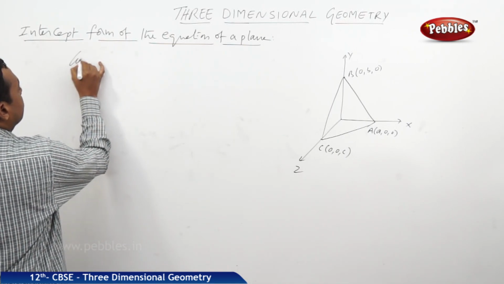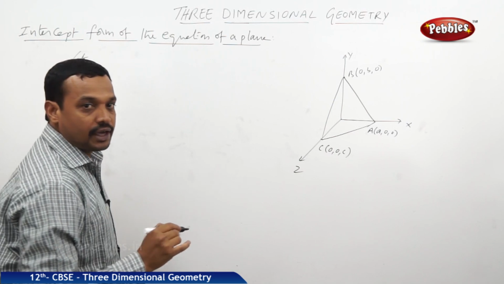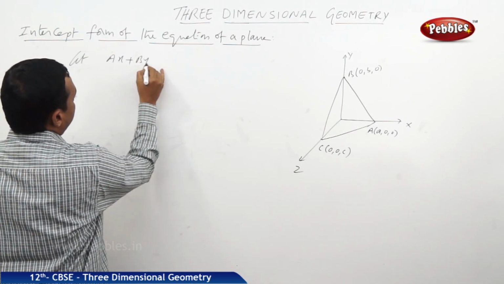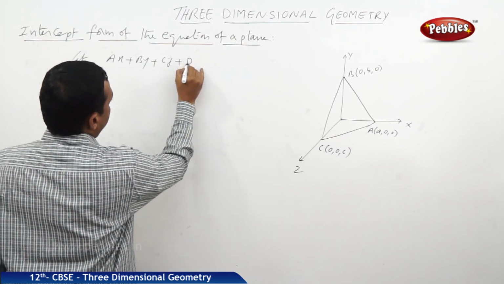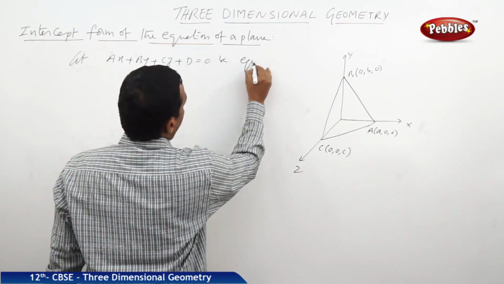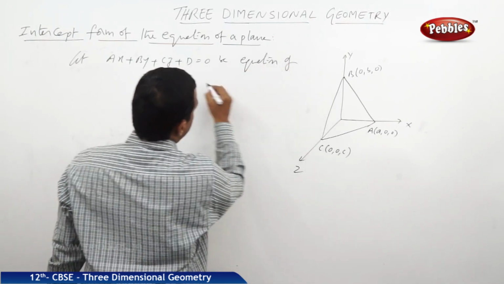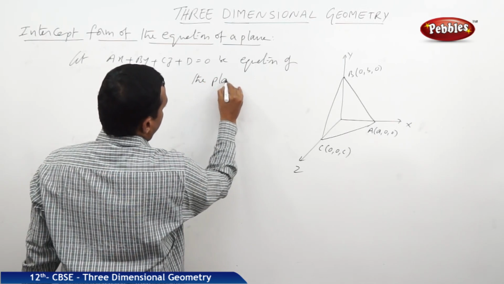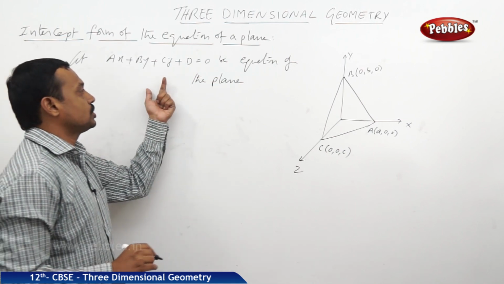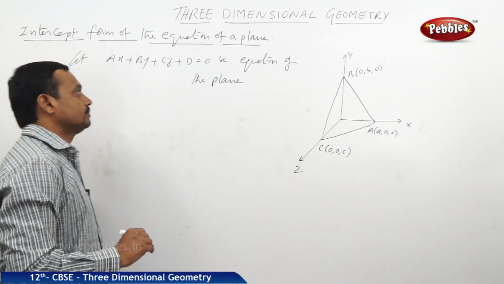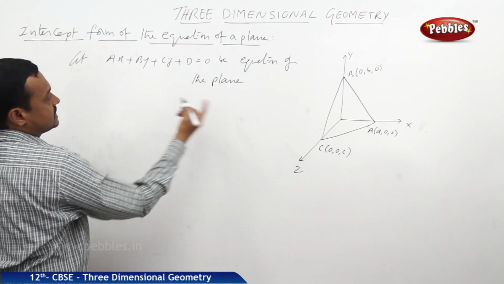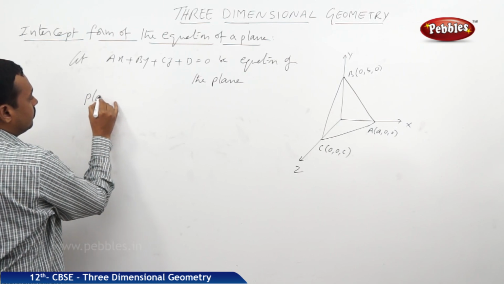So let us take the general equation of a plane: Ax plus By plus Cz plus D is equal to 0. Now, you know, it cuts the x-axis.